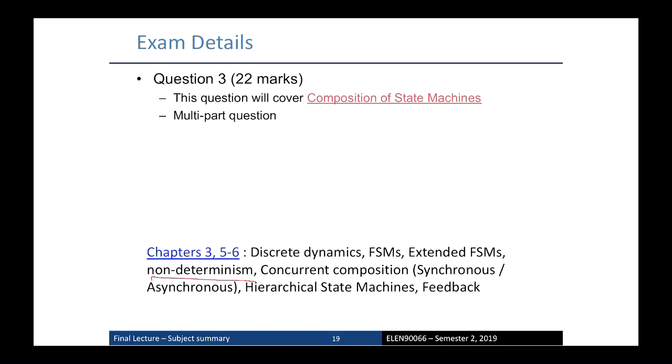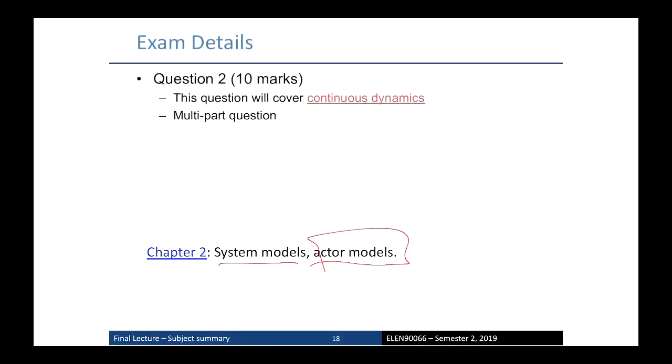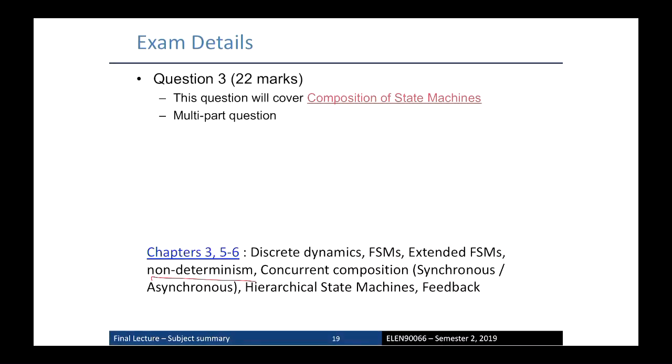Okay? It's multi-part. They're all multi-part, aren't they? Okay, it's all going to be multi-part, but this one's nested: it goes 3A part 1, 3A part 2, etc. So there's a lot to cover, and that's why it's worth 22 marks.